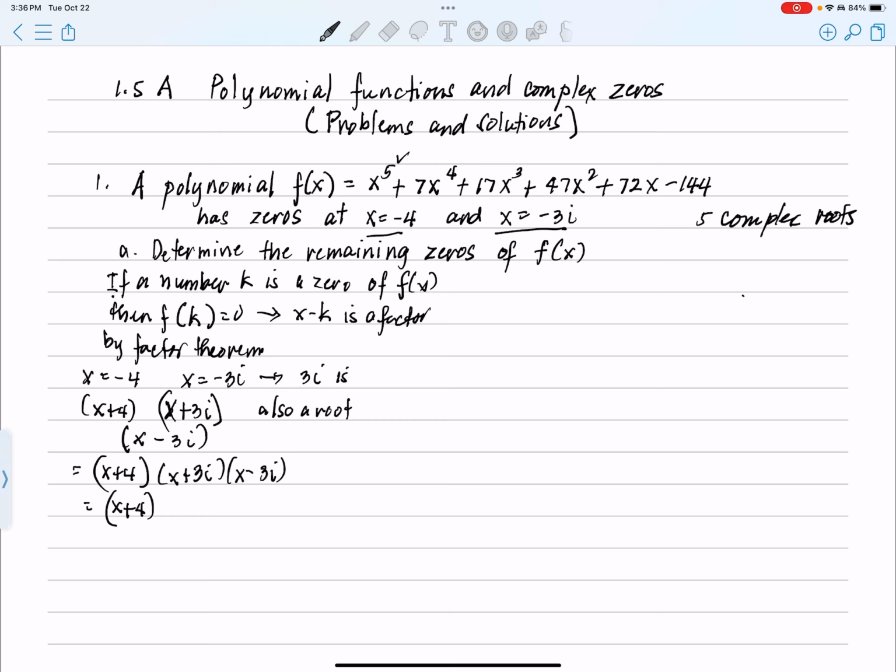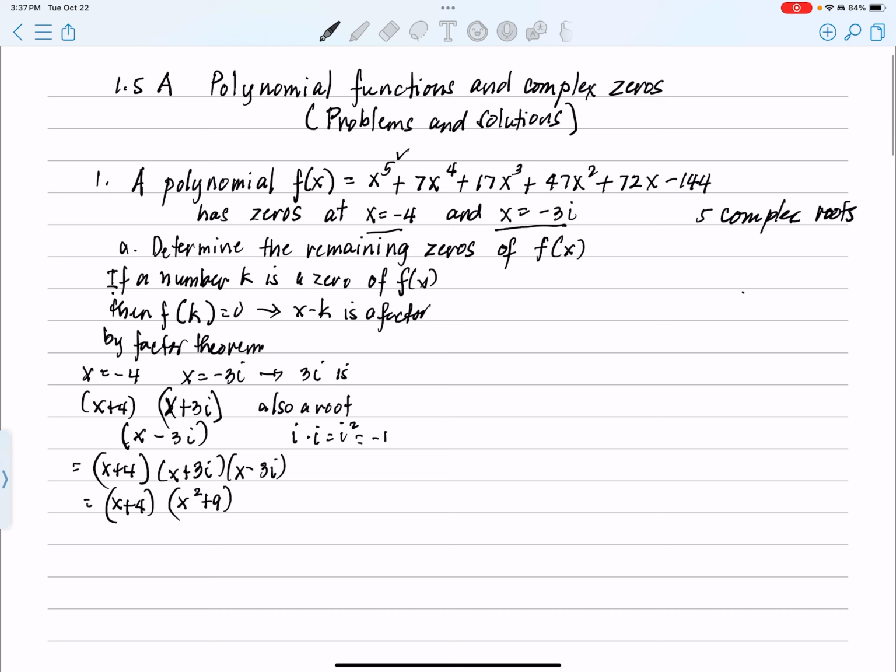So it will become x squared plus 9. It is not x squared minus 9. Why? Because we have this i times i, remember? It becomes i squared, and i squared is negative 1. A negative 1 multiplied to a negative 9 will become a positive 9. That's the reason behind it.